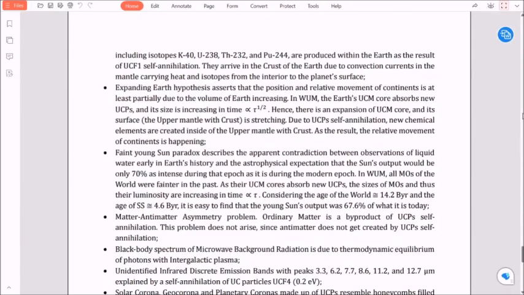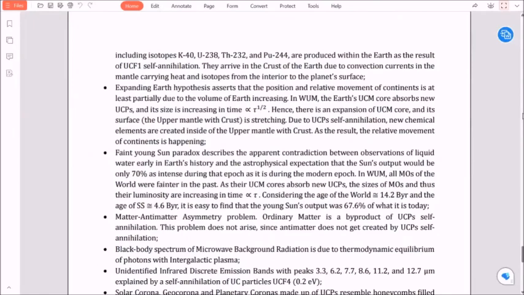Hence, there is an expansion of the UC matter core, and its surface, the upper mantle with crust, is stretching. Due to UC particle self-annihilation, new chemical elements are created inside of the upper mantle with crust. As a result, the relative movement of continents is happening.